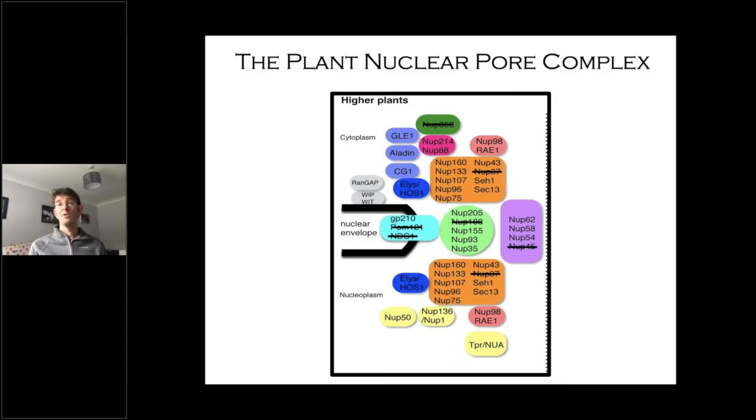However, there are a number which are found in mammals or in yeast, which have been crossed out in this diagram, which show that these actually don't exist in plants. And the converse is true, that there have been a couple of nuclear pore proteins that have been found in plants that don't have any homologs in mammalian or yeast systems. And therefore, although the overall idea and the overall function is the same, there is some specificity between these systems.